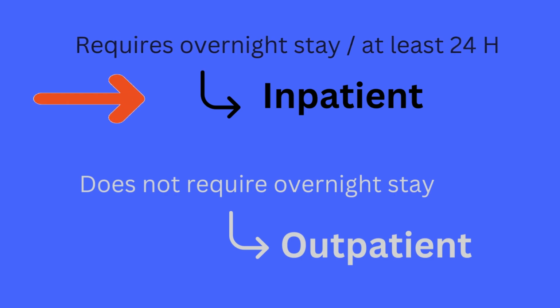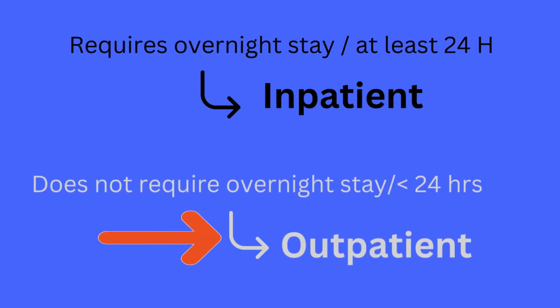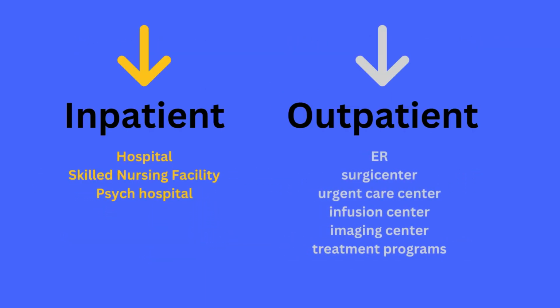If less than 24 hours, then you are outpatient. An example for outpatient would be an ER visit, urgent care visit, or a treatment at an infusion center. Inpatient would be after a surgery at the hospital or a stay at a psych facility.